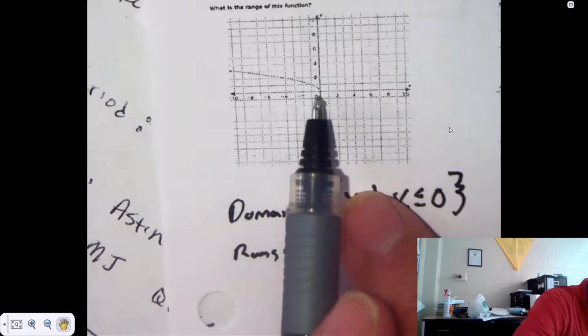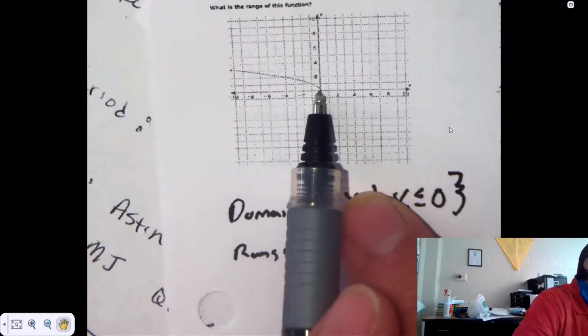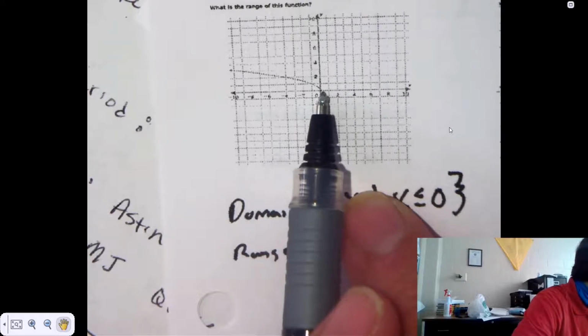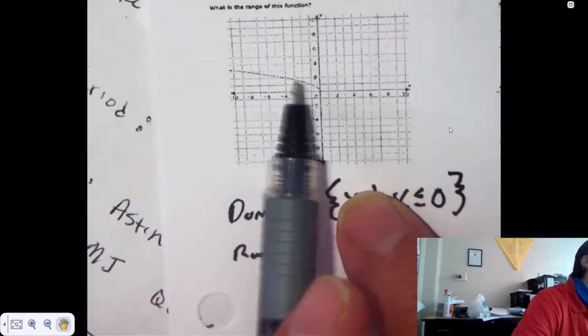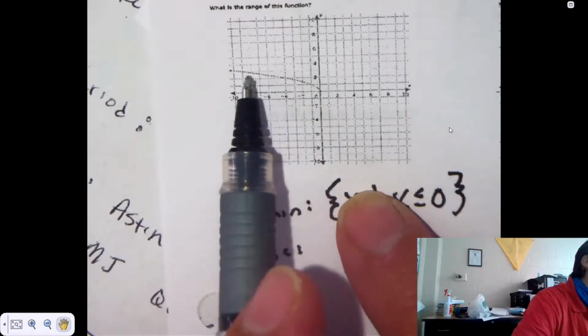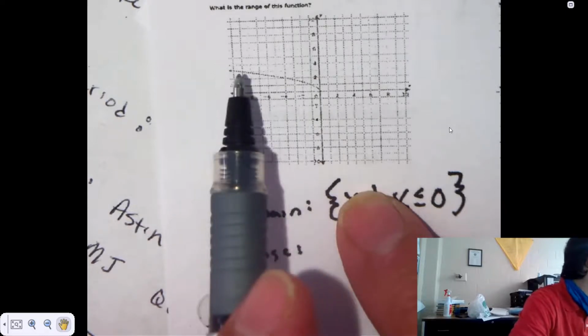Isn't y touching right there, at the origin? Does it achieve a value of 1? Maybe 2, maybe 3 over here somewhere. And does it keep going up for all of its life? So what's the relationship with y? Greater than or equal to 0.